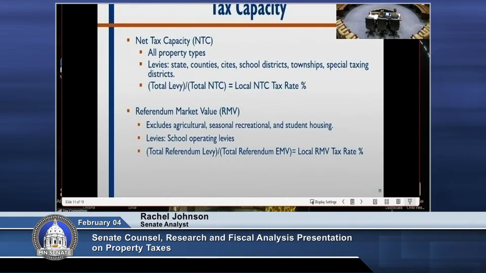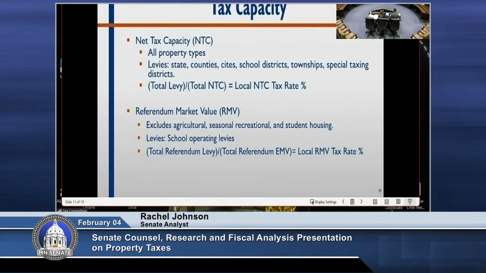Mr. Chair and members, my name is Rachel Johnson, and I'm a nonpartisan analyst with the Taxes Committee in the Office of Senate Counsel. I'm going to start by talking about the two different types of tax bases that are used to calculate property taxes in Minnesota. One of them is the net tax capacity base, or NTC.